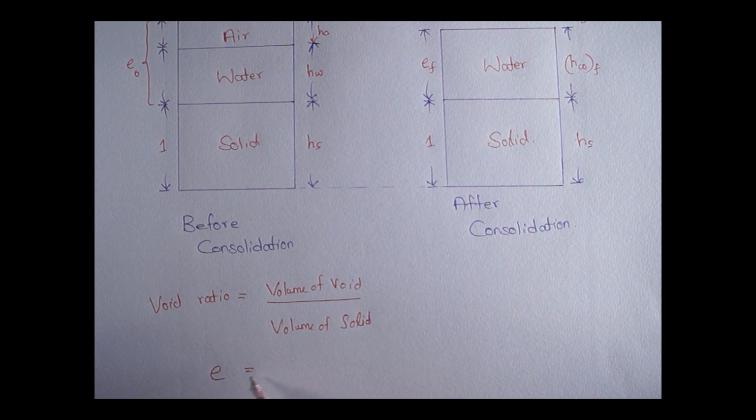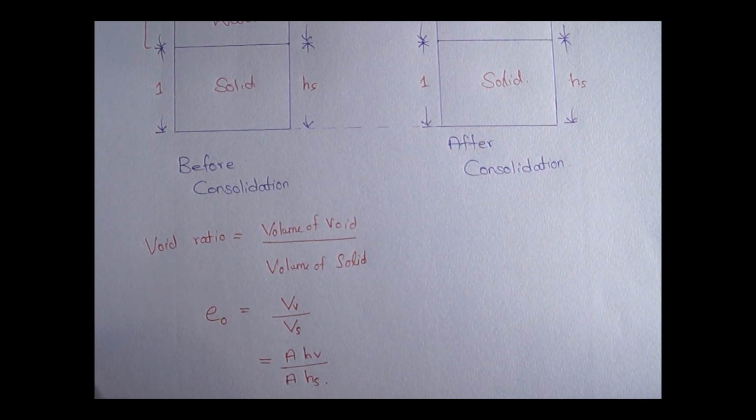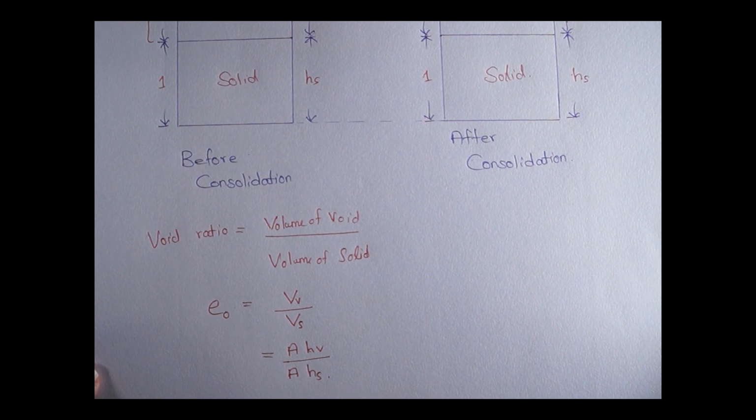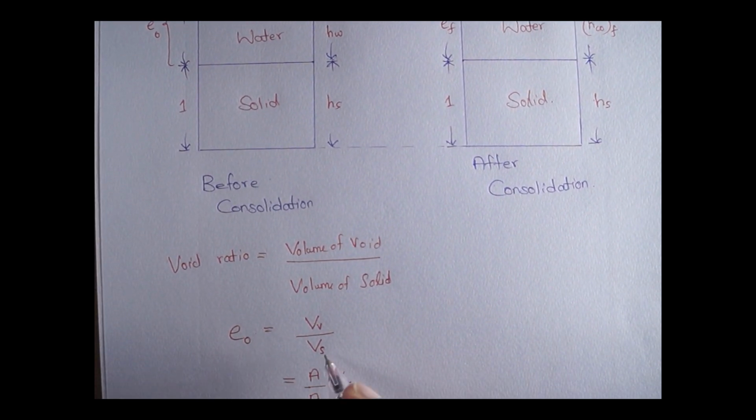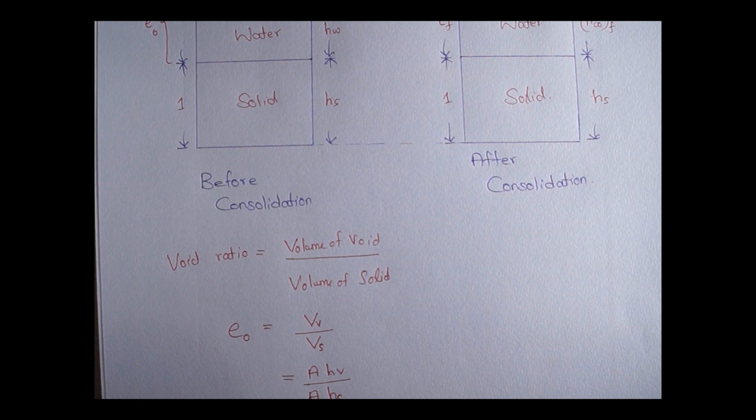So the void ratio E naught before consolidation is equal to VV over VS. VV can be written as the cross-sectional area of the sample times the height of void, over the cross-sectional area times the height of solid. Since this is a one-dimensional consolidation test, the sample is in the cylinder shape, so simply it's cross-sectional area times height. As the cross-sectional areas are the same, they get cancelled out.